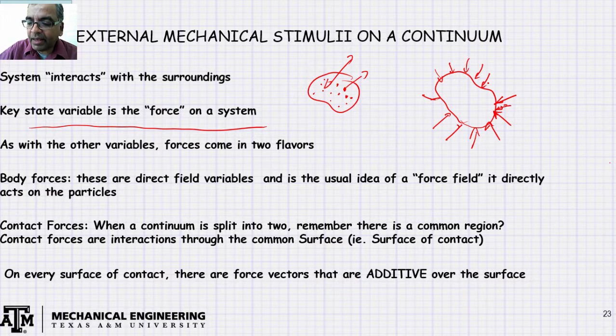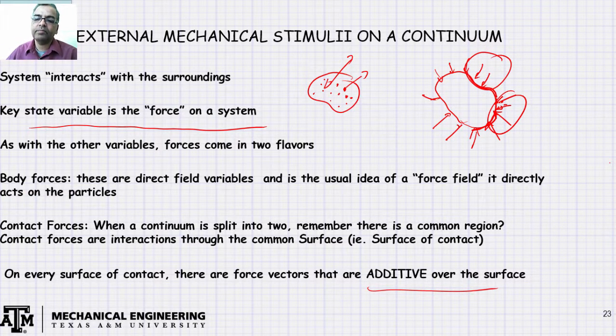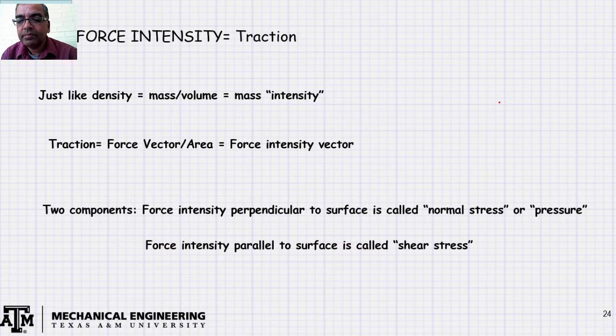And the idea is that they are additive over the surface. So if the contact force over this region is known and the contact force over that region is known, the total contact force is the sum of these two things. Obvious, no? So that's additive. But the minute you do that, you can talk about contact force intensity. The force intensity is called traction.